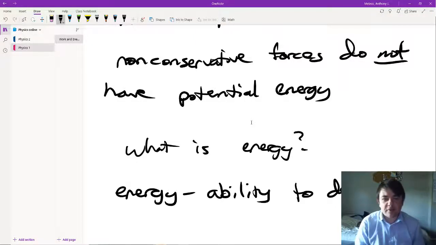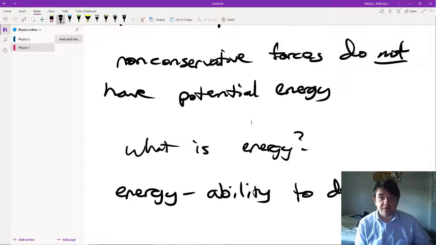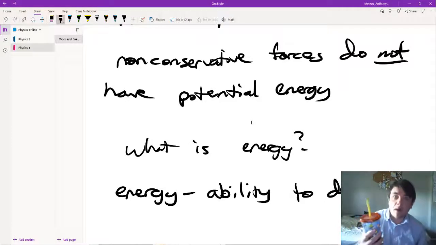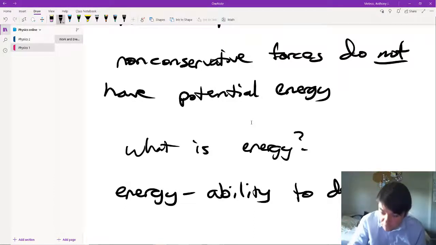So if you have energy, you can do work, which means you can apply a force to an object over a certain distance. Because I can give energy to this cup, I can move it up. I can give it gravitational potential energy by putting work into it. I can change its velocity because I'm putting work into the object, and that changes that object's kinetic energy or the potential or both. Okay?